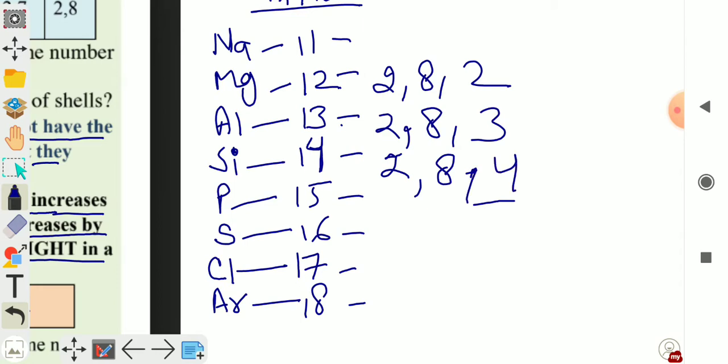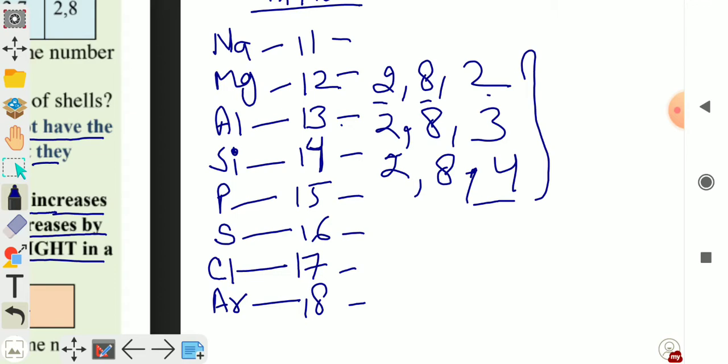So all these three elements will be placed in the third period because they have three shells, 1, 2, 3. That is why they will be placed in the third period, but they will be placed in different groups.